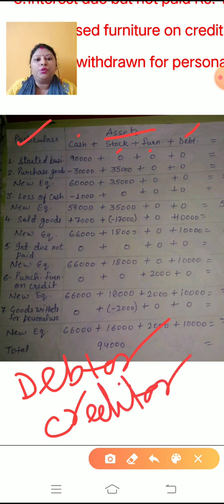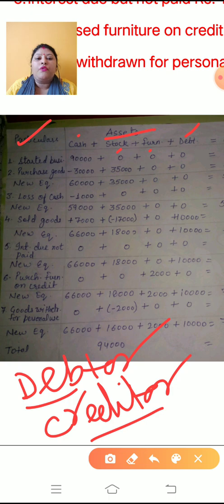These are the two terms. Debtor we have to make on asset side, creditor we have to make on liability side. And how do we find which column we have to make?